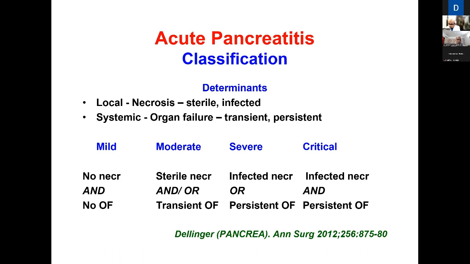So on one end, we have no necrosis and no organ failure, which is mild acute pancreatitis. On the other extreme, we have infected necrosis and persistent organ failure, which makes it critical severe acute pancreatitis. And in between, we have moderate and severe.